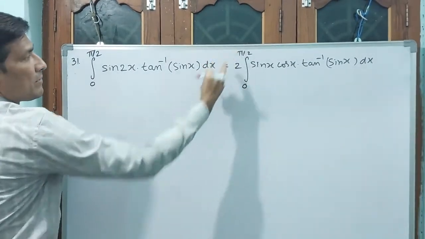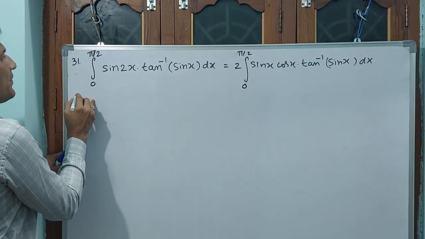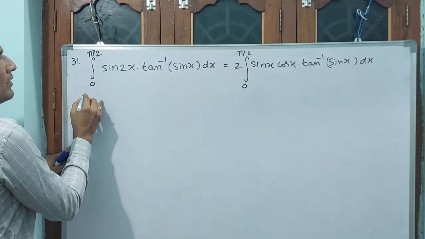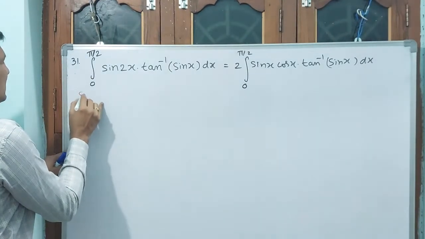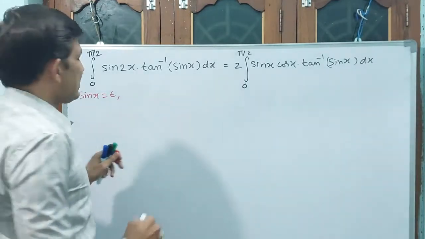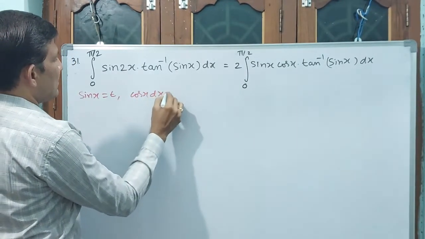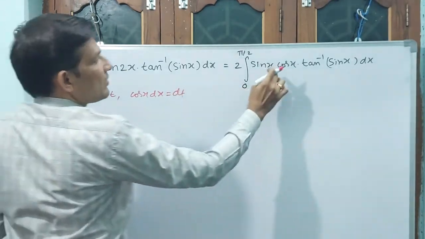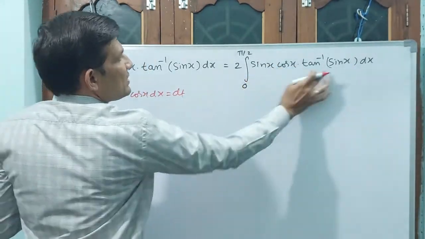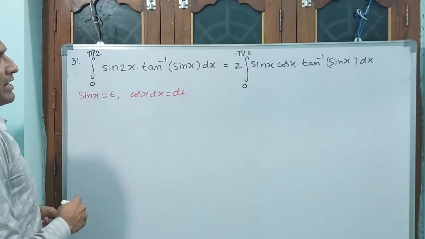Observe carefully. Let sin x be equal to t. If sin x is t, cos x dx is equal to dt. This is t, this is tan inverse of t. And what do you require? Yes, limits.